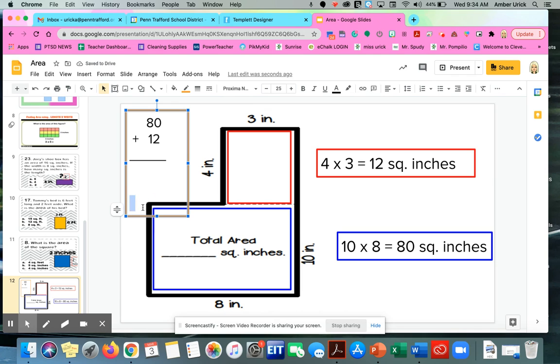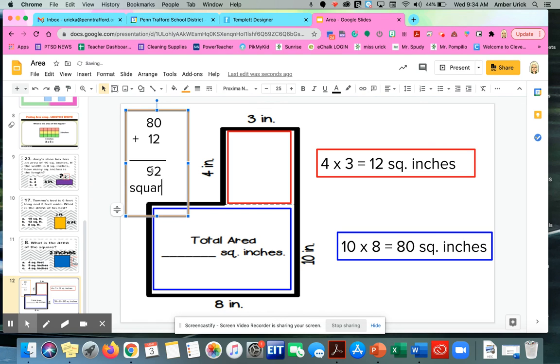I want to add those two together, right? And what do you think I should get? What is 0 plus 2? 2. And 8 plus 1 is 9, right? So 92 what? Chicken butts? Gooey boogers?